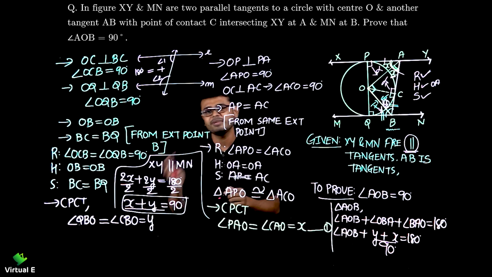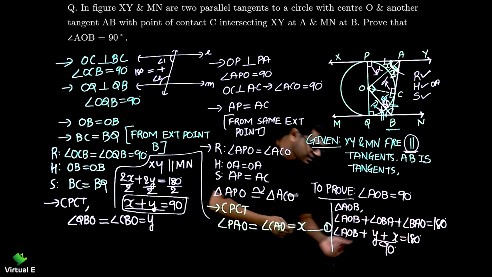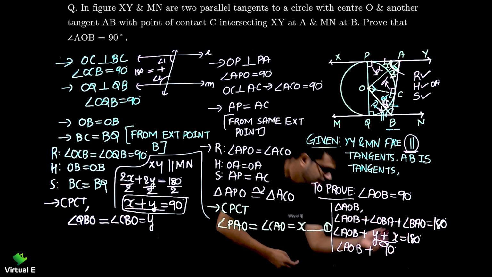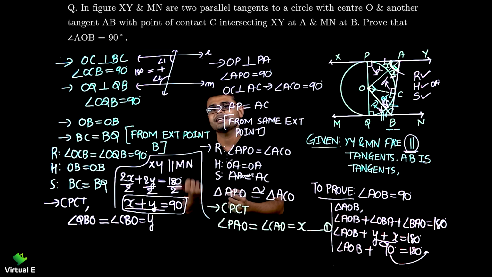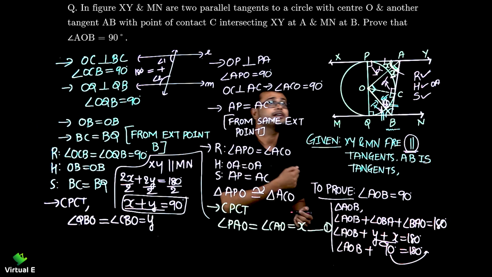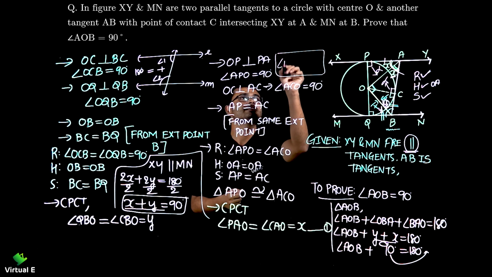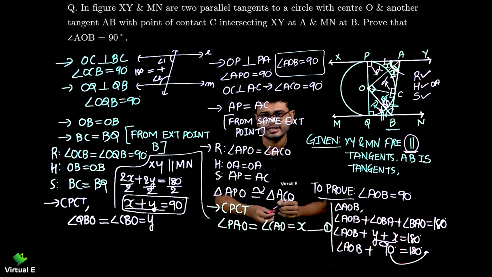You know already, be mature now, it's commutative. 2 plus 3 and 3 plus 2 makes 5 always. So angle AOB plus 90 degree is equal to 180. Now shift this 90 degree there. 180 minus 90, what will you get? 90 degree only. So finally I'll get that angle AOB is equal to 90 degree.